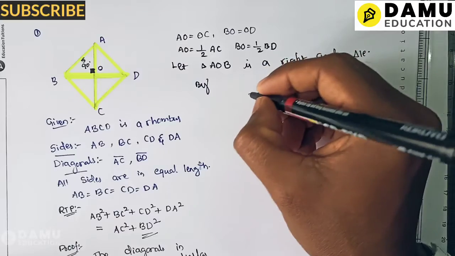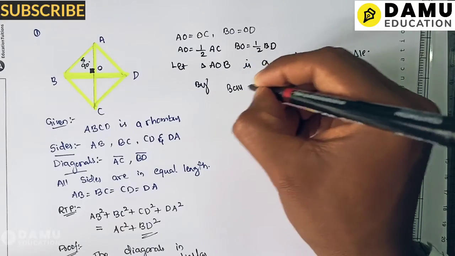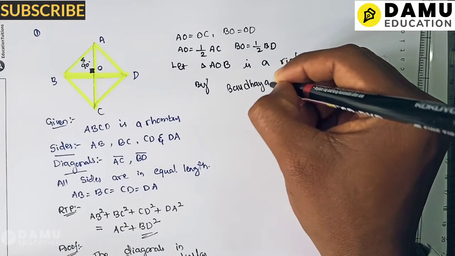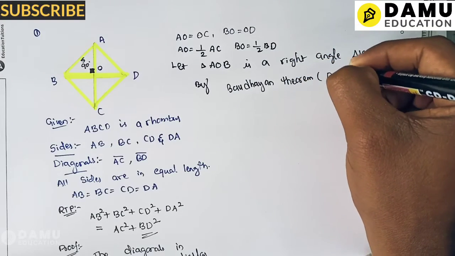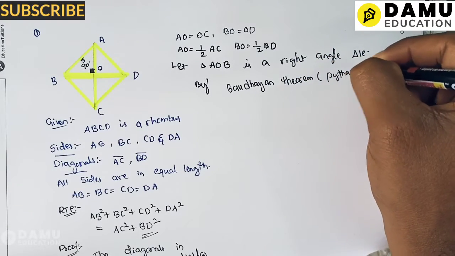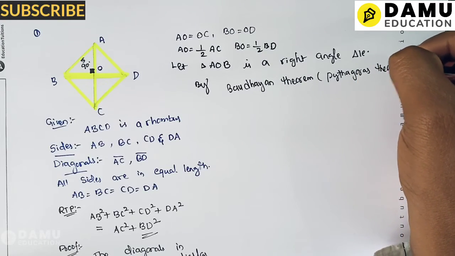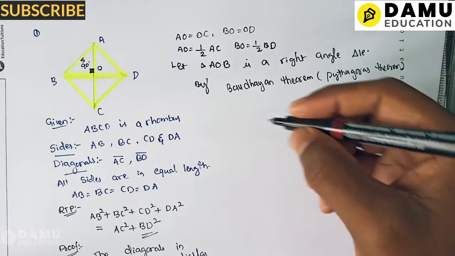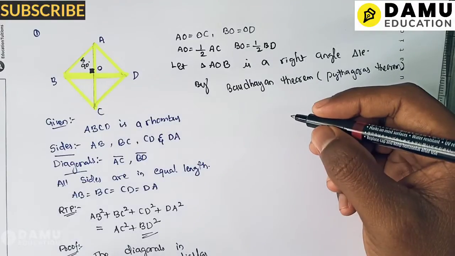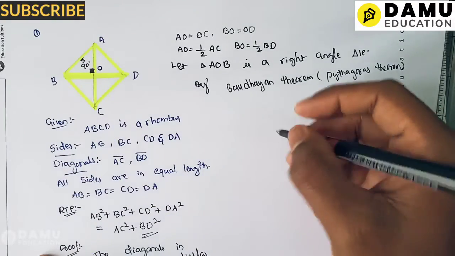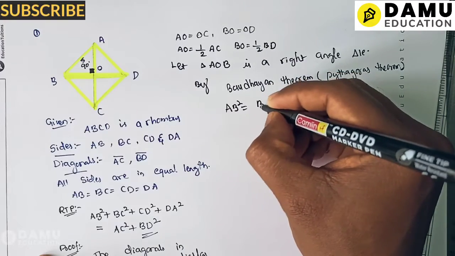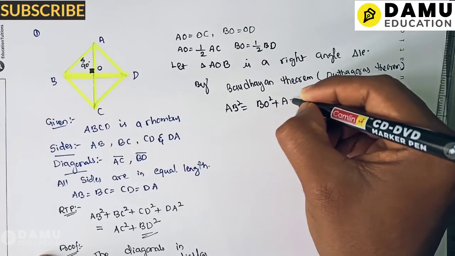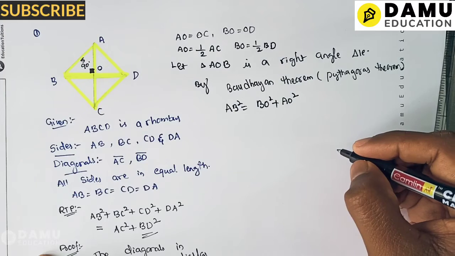The square of the hypotenuse will be equal to the sum of the squares of the remaining sides. That is AB square will be equal to BO square plus AO square. So this is the condition.